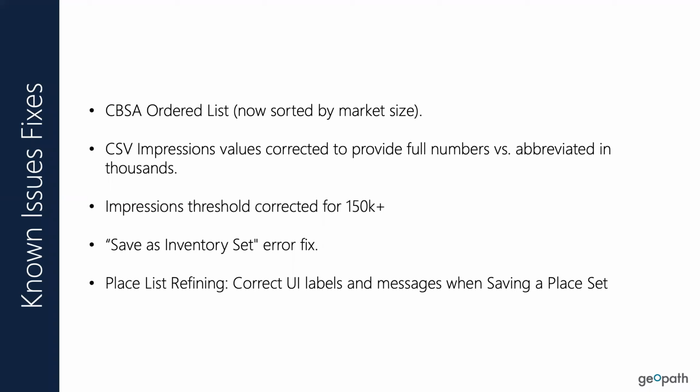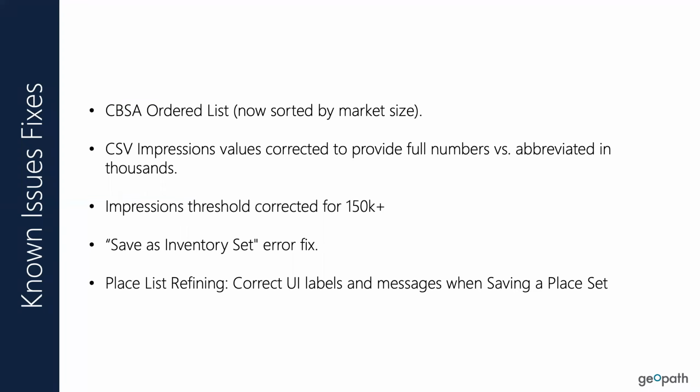The CSV impressions are now corrected so they provide actual numbers. If it's 158,203, that's what you'll see in the exported CSV and not just 158,000. It was rounding.